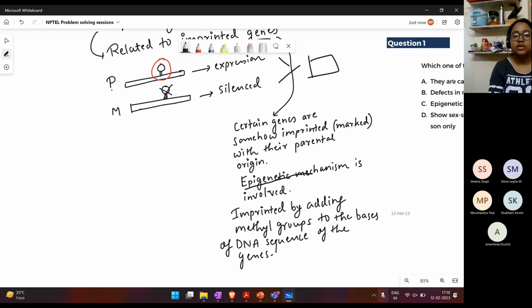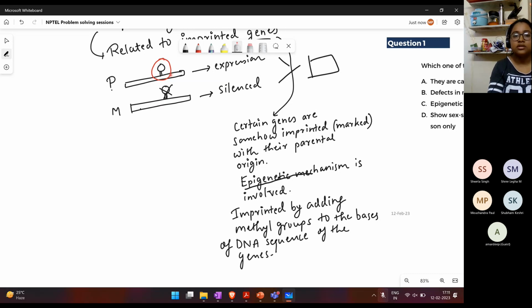So the epigenetic mechanism is there, because of which the DNA sequence of the mother or father is affected. In this example, the father's allele is imprinted how? Because of the addition of DNA methyl groups on the DNA sequence.